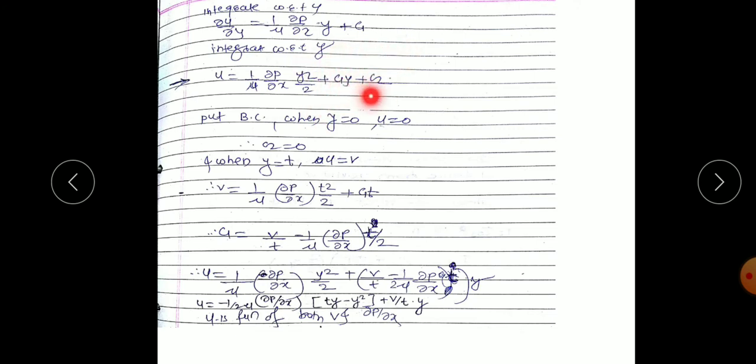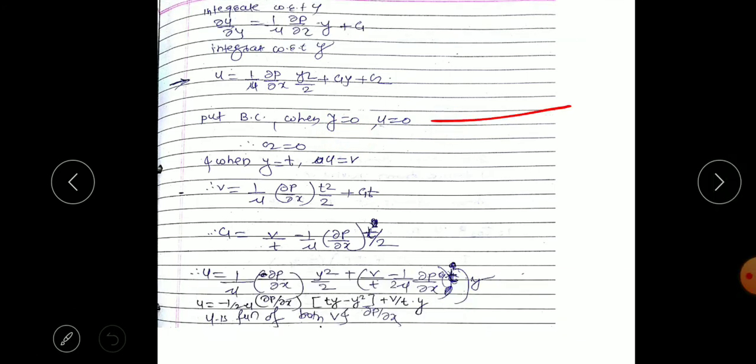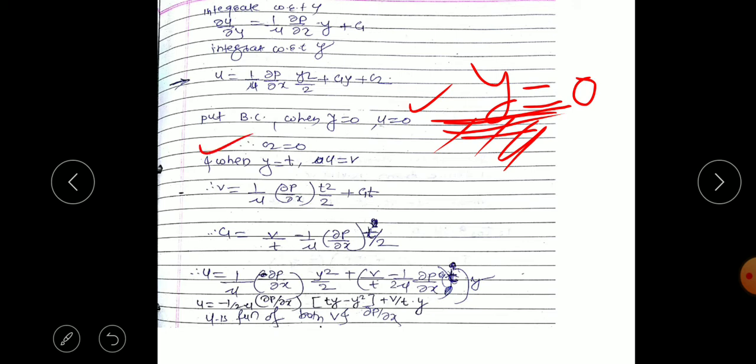There are two integration constants, obtained by applying boundary conditions. At y equals 0 the bottom plate is fixed, so the velocity is 0 because the plate is fixed, and we get C2 equals 0.